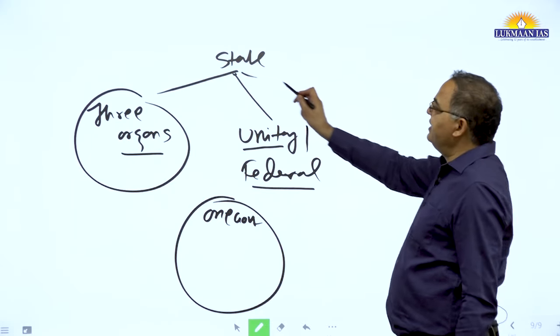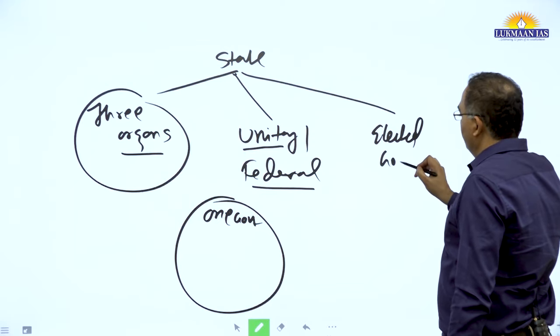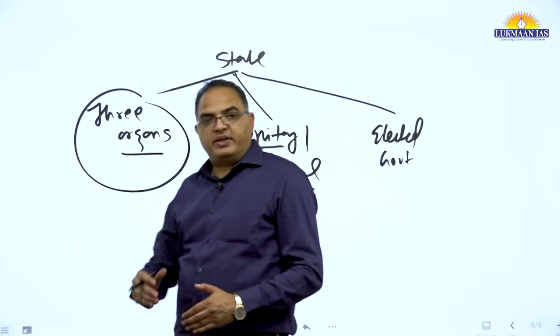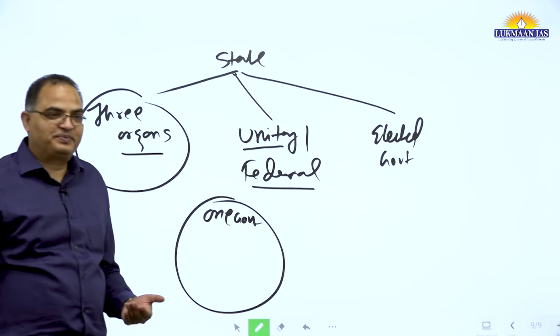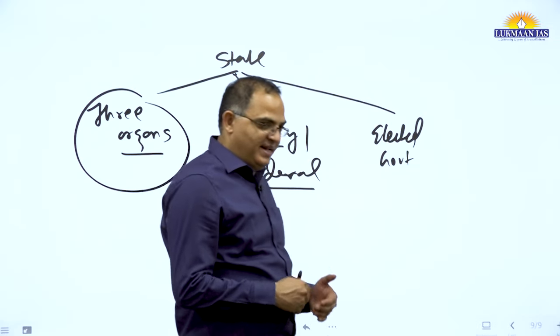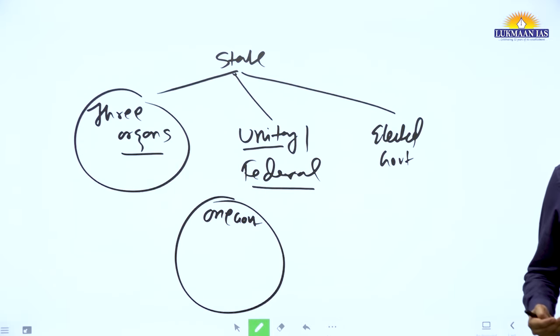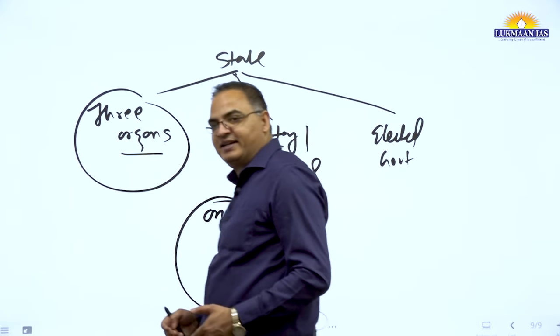And then the elected government. Again, we can ask whether the government is directly elected or indirectly elected. Should we elect a government whose head is directly elected, or should we elect members and they in turn will elect their head?